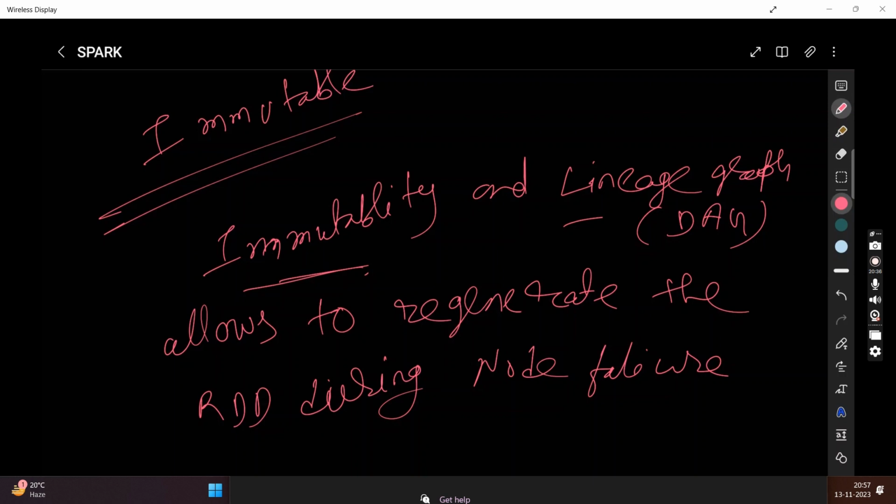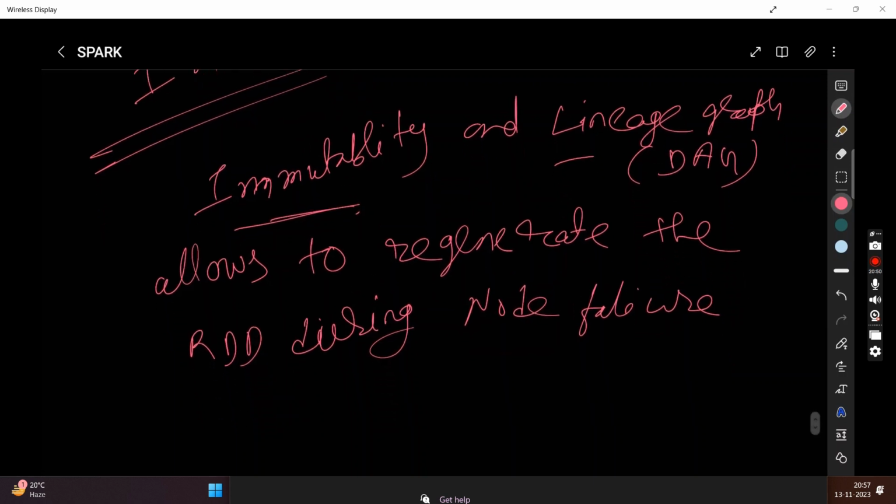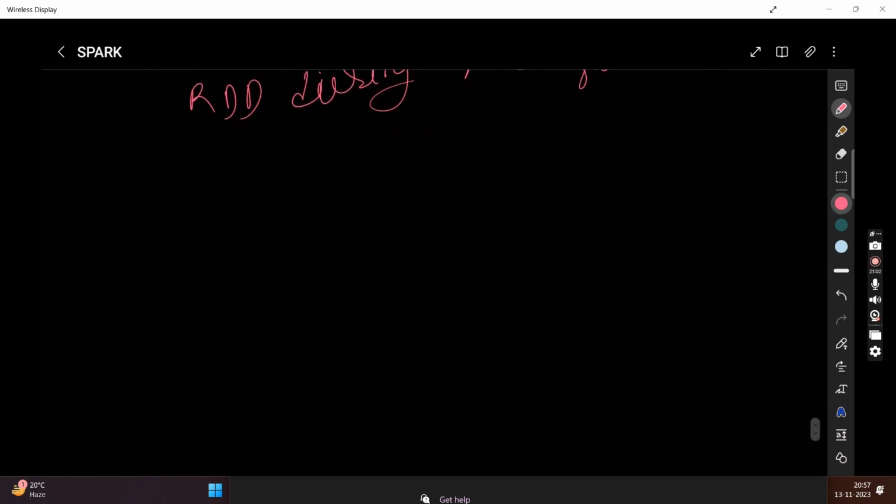And I already told you why transformations are lazy. I can give you an example, but I think it's already clear why transformations are lazy. Let me also give one example. I will try to explain that concept again so that you can understand easily. If you already know why Spark is lazy, why transformations are lazy, you can skip this part.